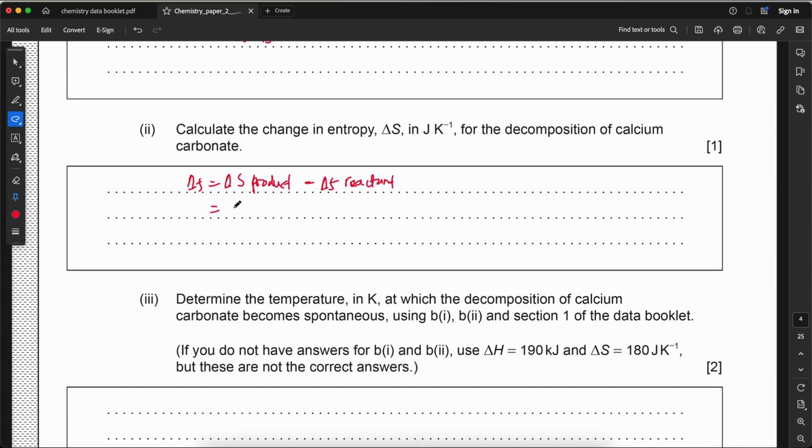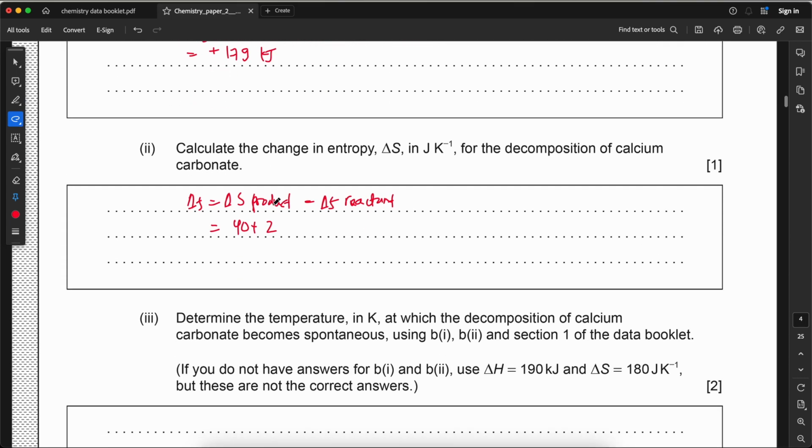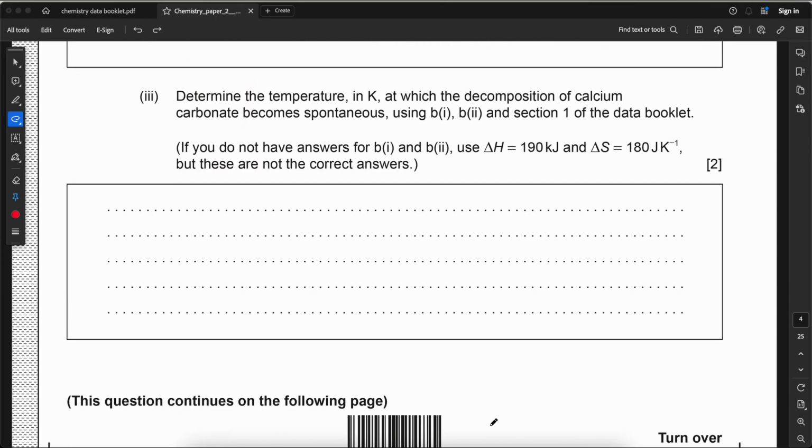The products will be 40 plus 214 minus 93, then you will get 161 J per Kelvin.